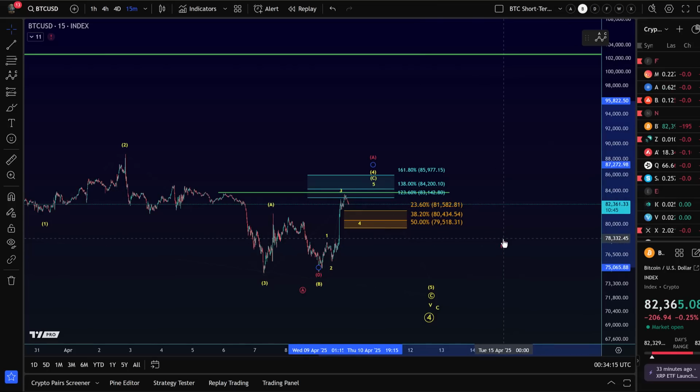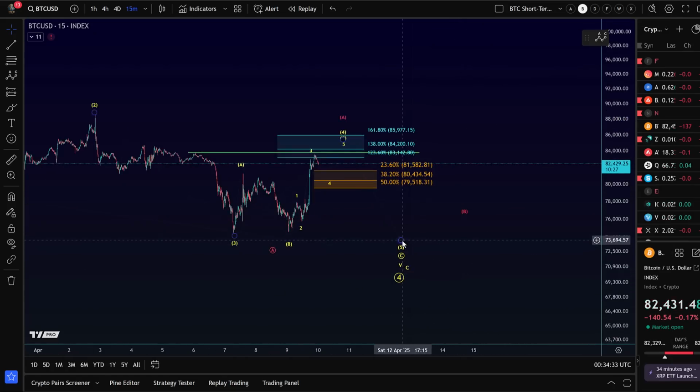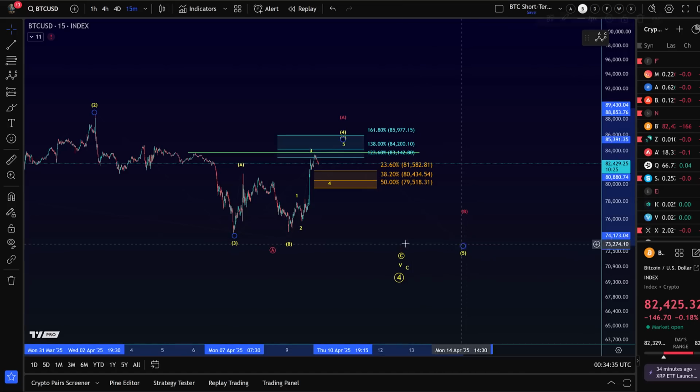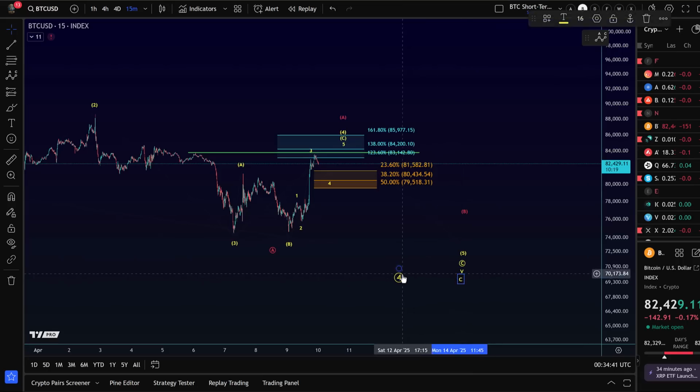If the pullback is corrective, then we're likely dealing with a rally to the mid 90k region. But if we see impulsive moves down, and if we break below support, which I haven't yet added to the chart, we first need a high, okay, then we're likely going to see one more low here in maybe the 72 to 73k region. To keep it very simple, don't want to make it too complex.